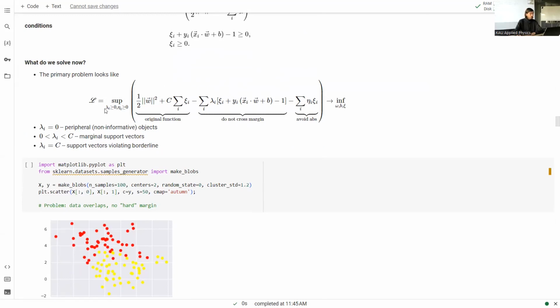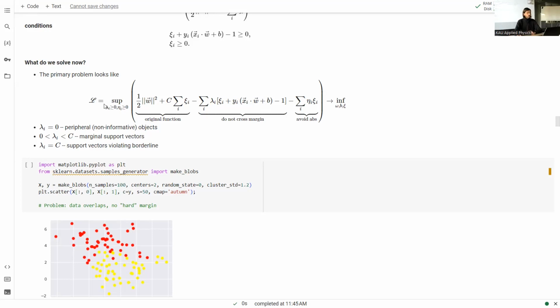Hopefully you remember why do we do this supremum. What does it do for us? Because it makes a more strict Lagrangian, and so, yeah. Recall a previous lecture.